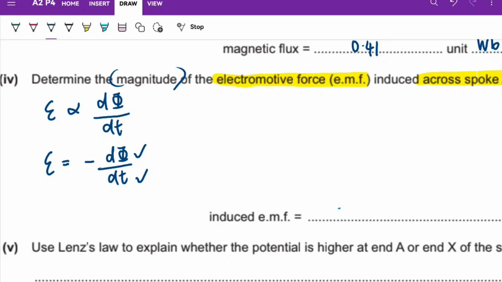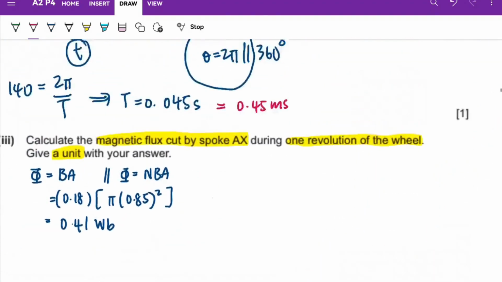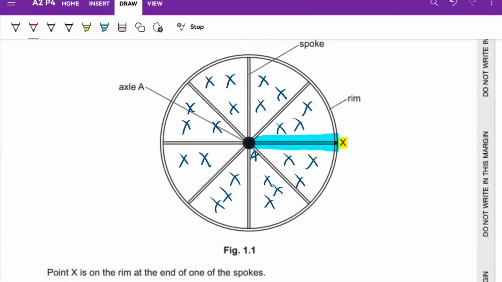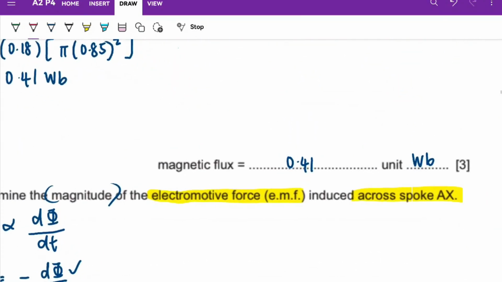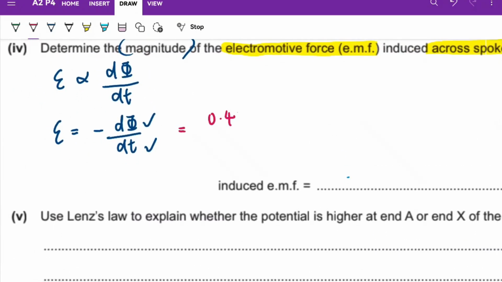Okay, so what is the change in magnetic flux? We know initially there wasn't any magnetic flux. Then now they say that there's a magnetic flux into the page. So initially it was 0 and now it has 0.41 of magnetic flux, right? Based on what we have calculated here. So the change is 0.41.